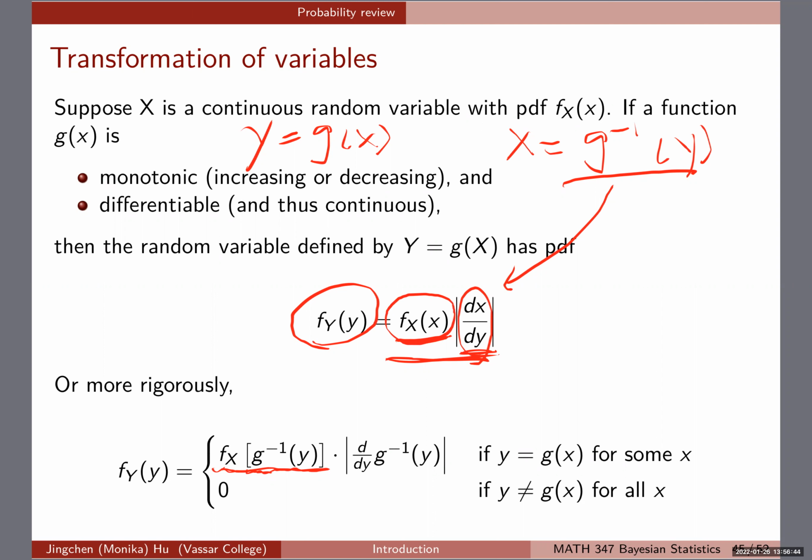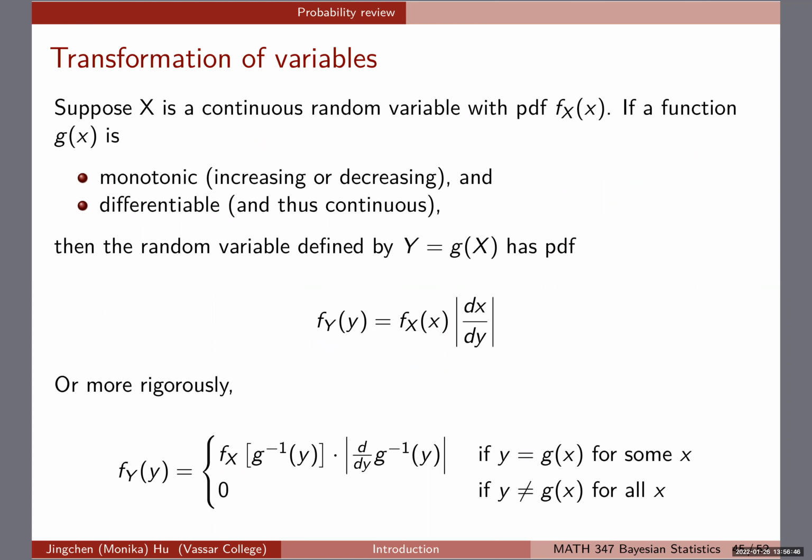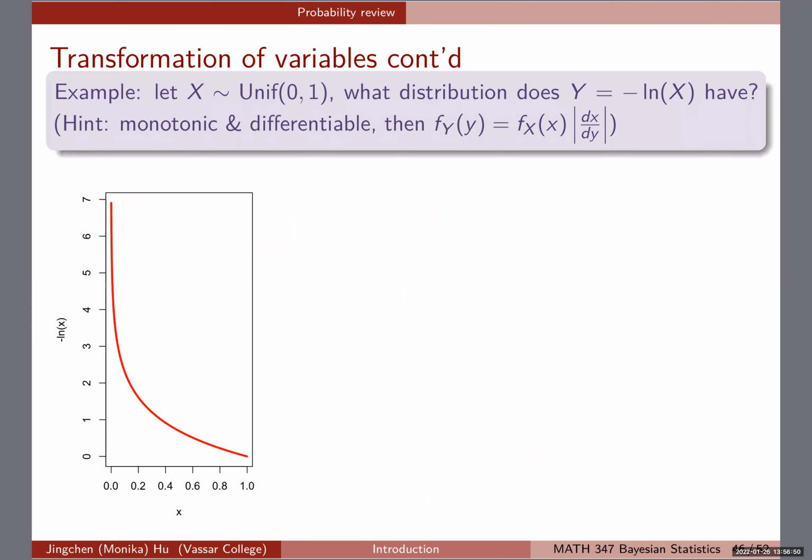Let me get to the exercise and give you the time, and then I can spend the time to set up my computer finally. The example is, let's say X is a continuous uniform, so f(x) equals 1 when x is between 0 and 1, and 0 otherwise. The question is, what distribution does Y equals negative ln X have?